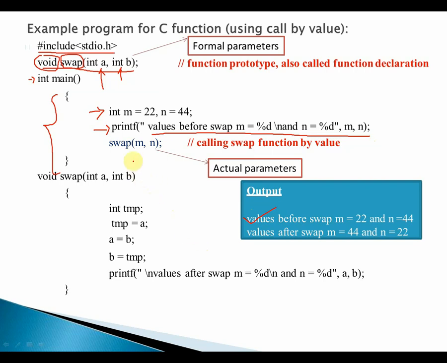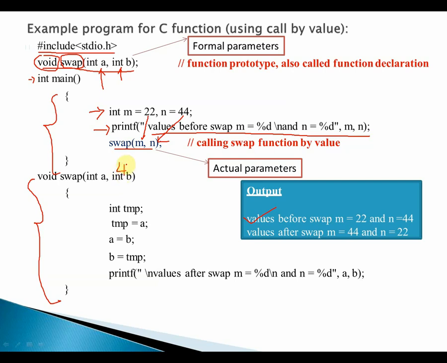After that, a function call is executed. A function call is made to the function swap. So basically the function swap is being called over here, and these values 22 and 44 are passed to that function. After this, the function body will be executed.